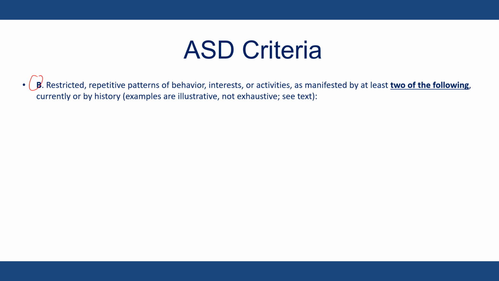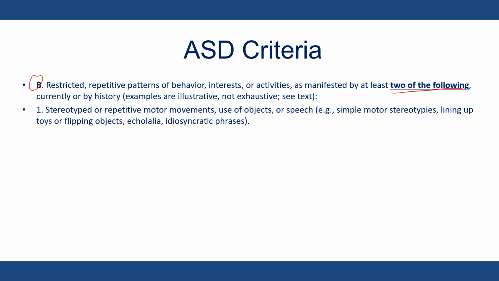Criterion B is a restricted, repetitive pattern of behavior and interest, and you have to have two of the following. There are four categories, and you need two out of those four. B1 is stereotyped or repetitive motor movement, use of objects, or speech.